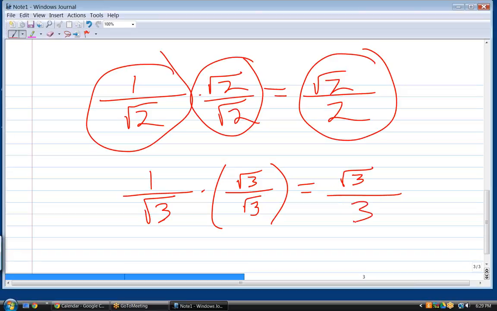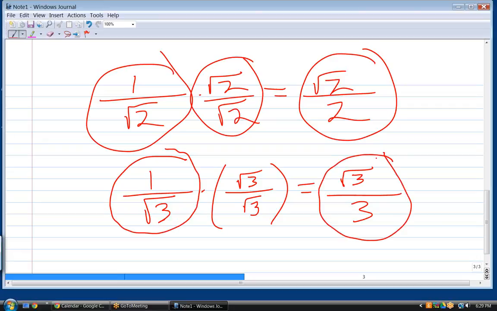Does that work? Yeah, because we now have a rational denominator. And if you were to put it in a calculator, that right there, or this right here, it will give you precisely the same answer. In other words, this is the same number as that.